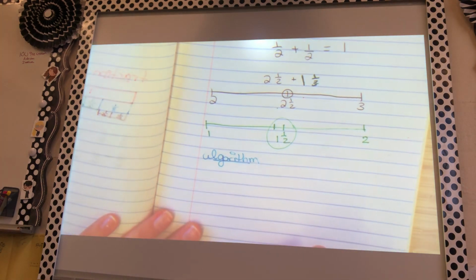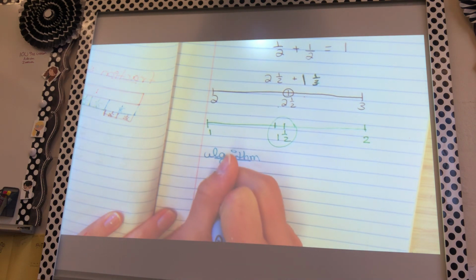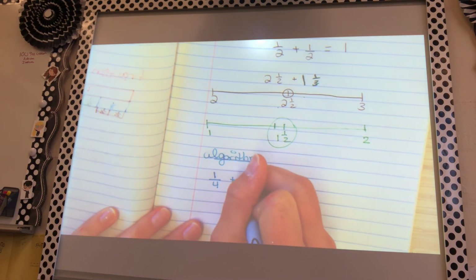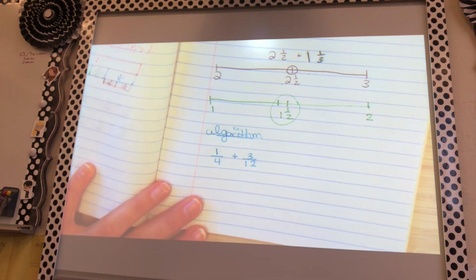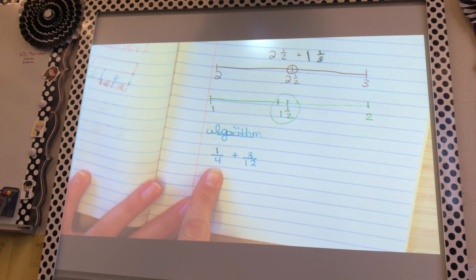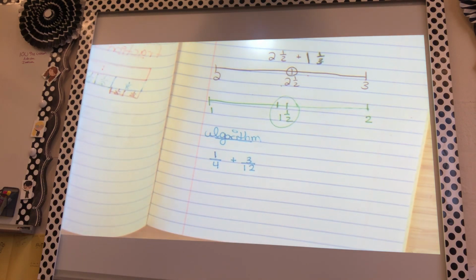I can do a problem like, let's say I have 1/4 plus 3/12. I can look at this and I would say, okay, if I'm doing the algorithm, do I have common denominators? No, I do not. So I'm going to make a quick list of multiples.